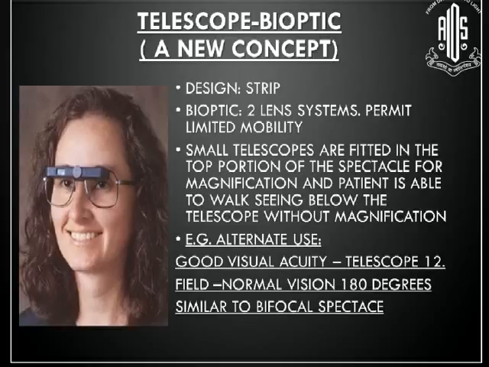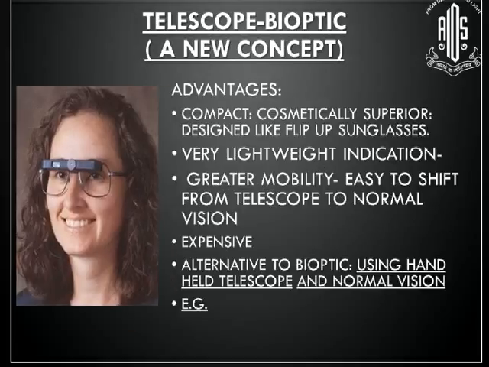It's a two-lens system that permits limited mobility, where small telescopes are fitted in the top portion of the spectacles for magnification, and the patient is able to work, seeing below the telescope without magnification. The advantages are that it is compact, cosmetically superior, and very lightweight, but the problem is that it is very expensive.